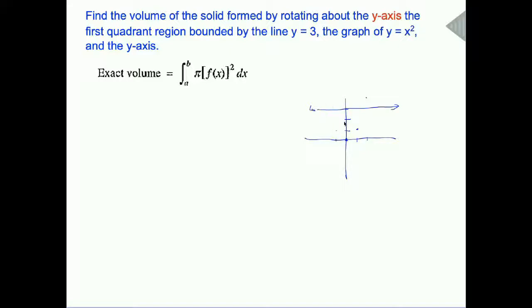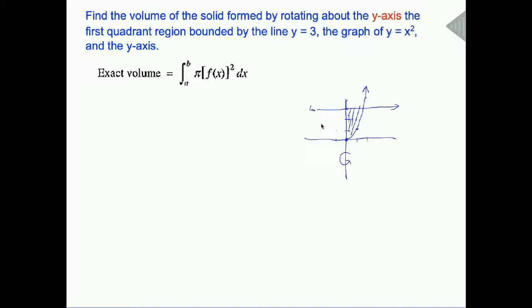We would have it on this side too, but it says the region in the first quadrant, so we don't need to worry about it over here. And here's our y-axis. So we're going to take this region in here, and we're going to rotate that about the y-axis.